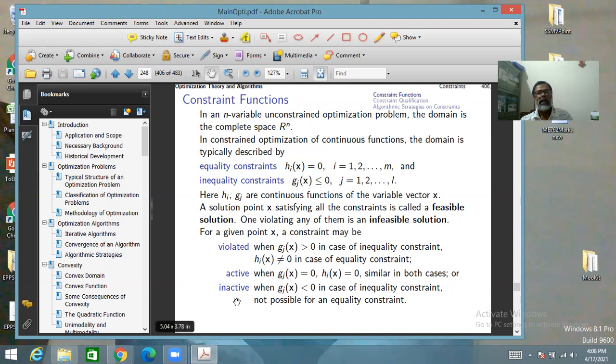An inequality constraint can be satisfied but inactive, where this is less than 0, not equal. Then it will be happily satisfied, and the point will be an interior point so far as that particular constraint is concerned. There is no way an equality constraint can be inactive. It is either active and satisfied or violated.